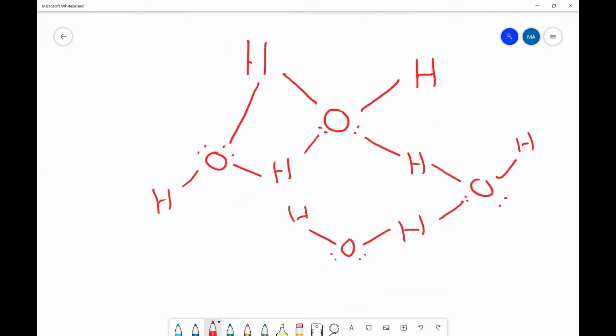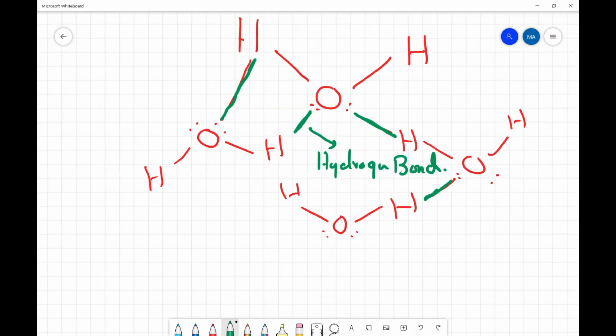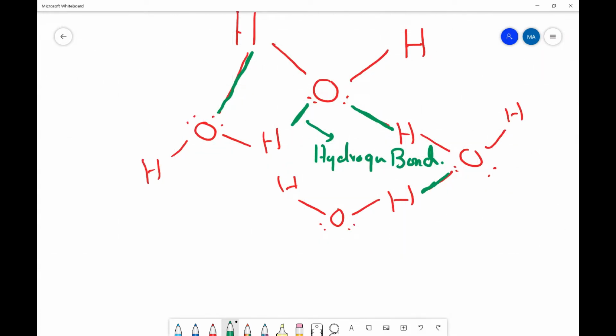The lines that I've represented, ये वाली जो lines हैं, these are basically hydrogen bonds from one molecule to another. So these are the hydrogen bonds over here. I hope this is clear.